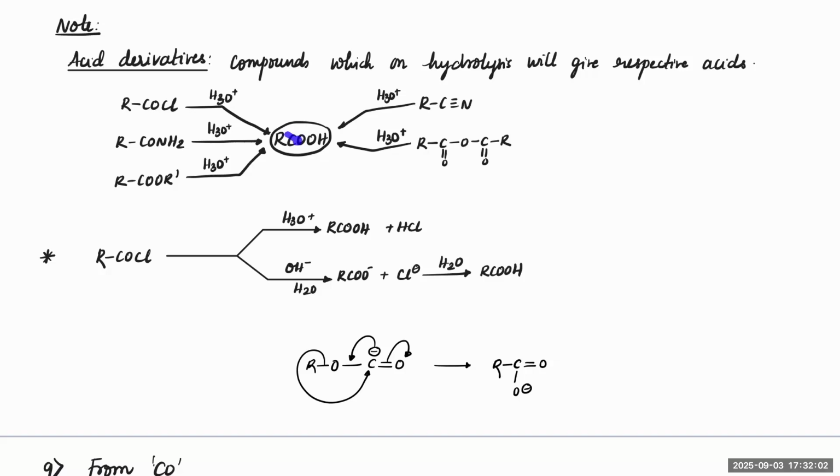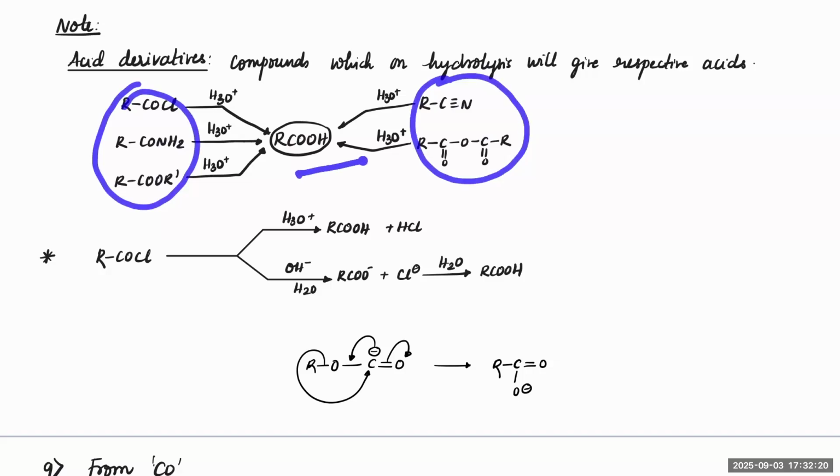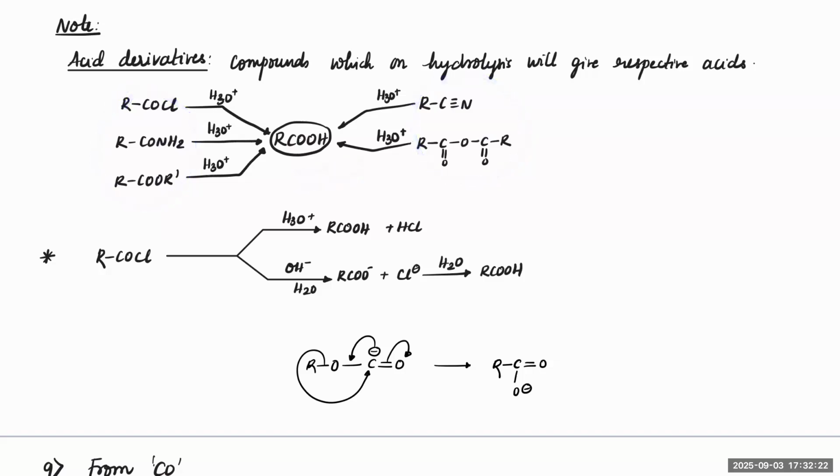The main functional group in this case is acid, and acid chloride, amide, ester, cyanide, and anhydride are all derivatives. Understood what I'm saying? So if you hydrolyze these functional groups, they all will come back to acids only. So these are called acid derivatives.